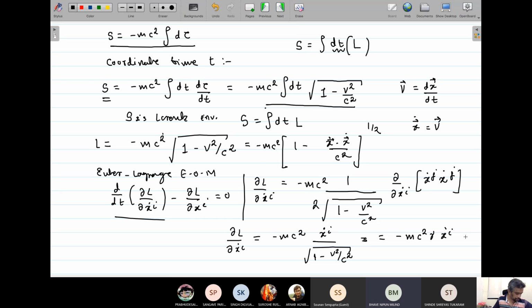Sir, there will be a factor of minus 1 by c² also, right, when we differentiate? Yes, minus 1 by c², so it will be minus c² here, so this factor will go, correct. So this is mγẋ^i.